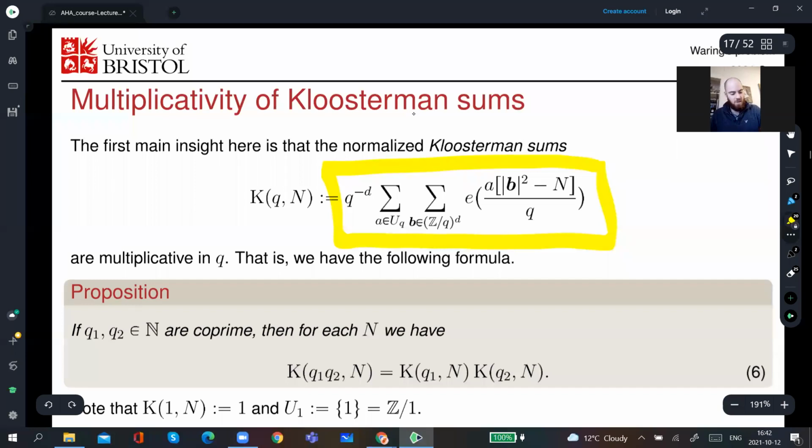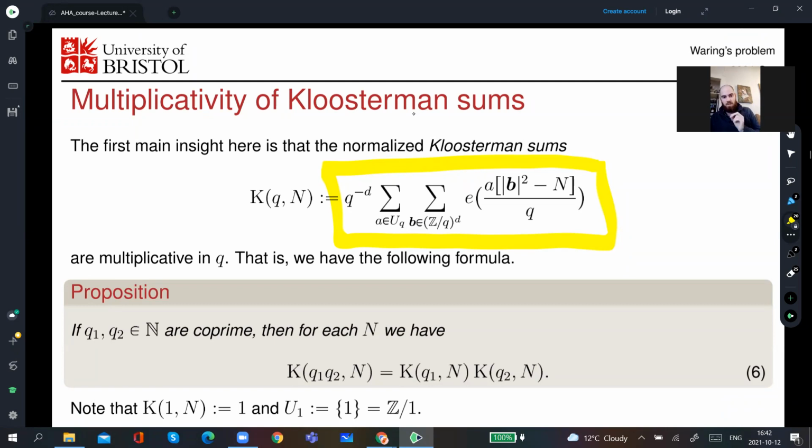It's normalized by Q to the minus t. Normalization came from the Gauss sums before. This is an average over all B in Z mod Q, but then an average over all units A modulo Q.